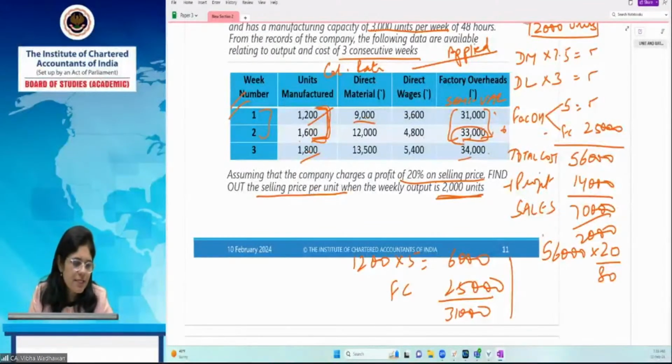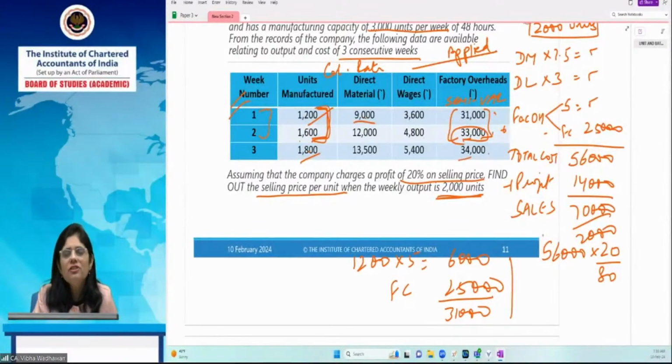All right. This is the way we do the factory overhead point. It's not complicated, it's very basic. In costing, you will generally come across semi-variable overhead. You should be very, very thorough.